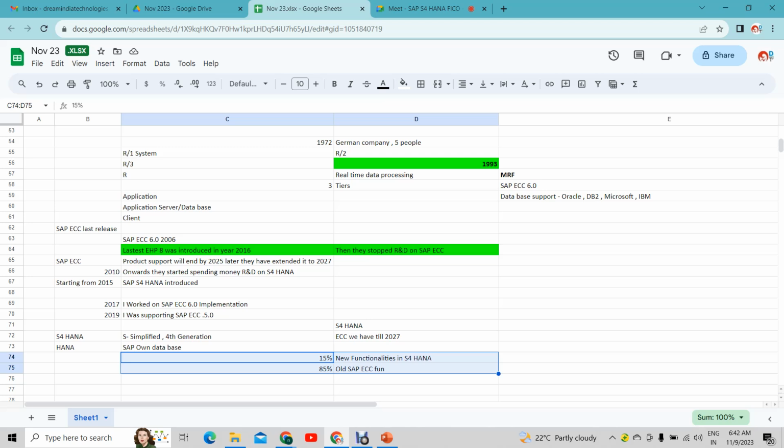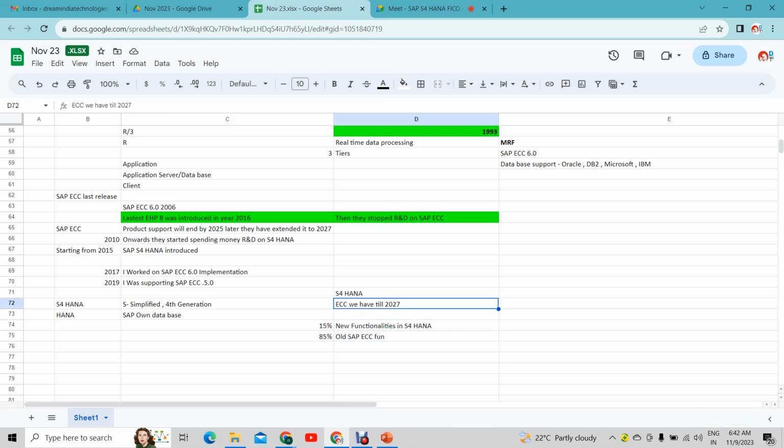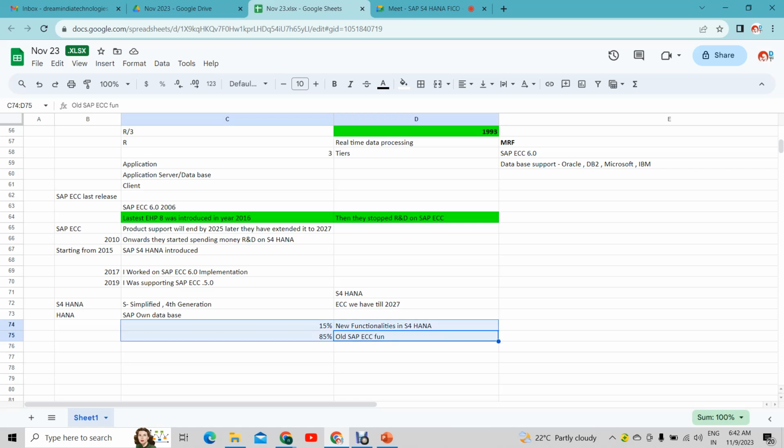If you learn SAP S4, is there any change in the path? No, there is no change at all in the path. Okay, only the changes: whatever was there in SAP ECC, that 100% syllabus is covered as an 80% syllabus in SAP S4 HANA. In addition to that, we have 15% additional functionalities, the new way of doing work.